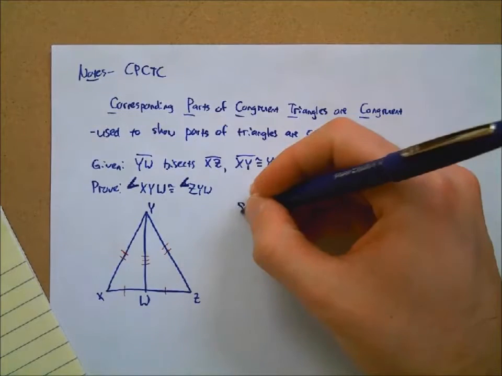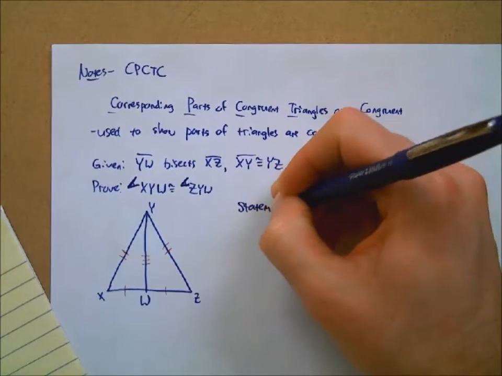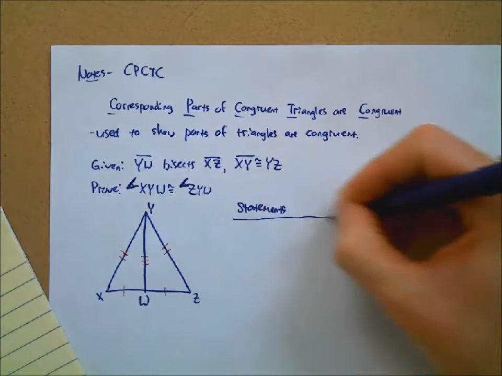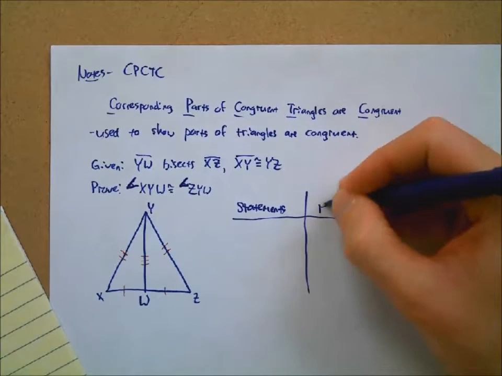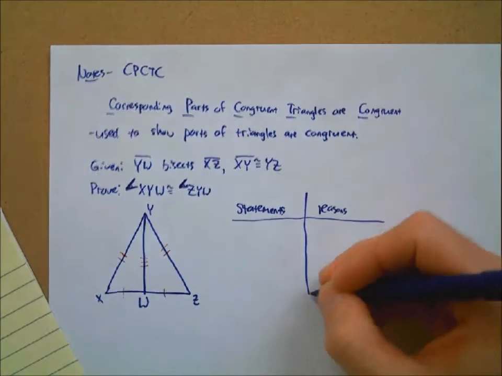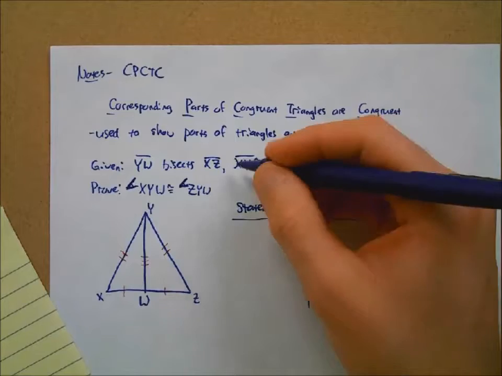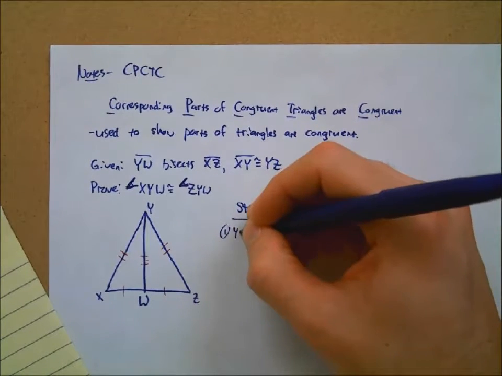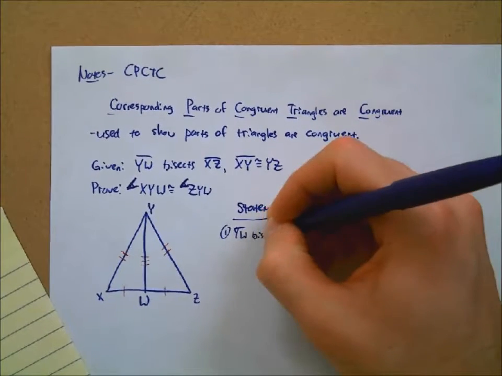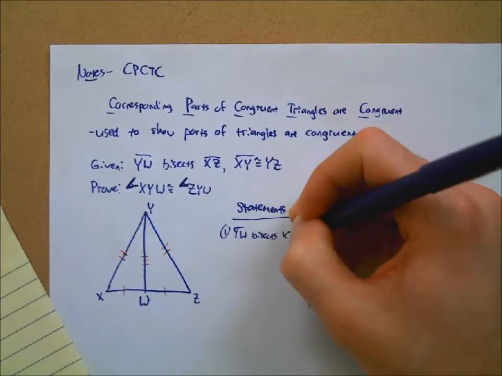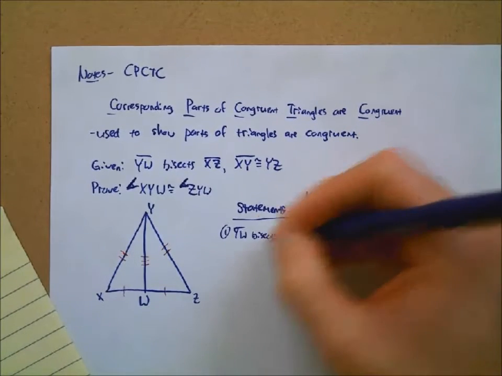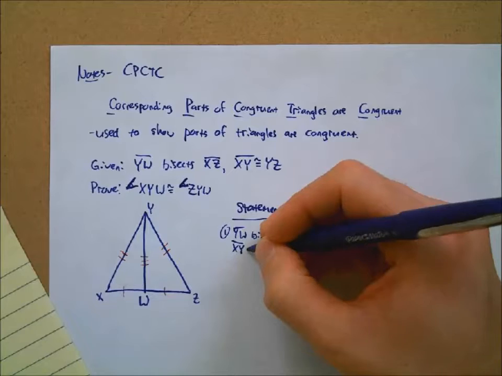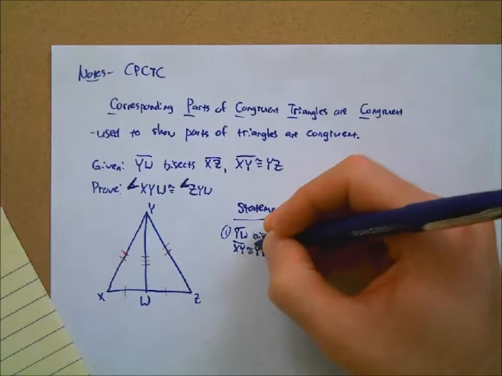Because you got 3 pairs of sides congruent. Okay? So we'll go through our typical proof, right? Pretty straightforward here. You start with the given information. So I'll just go ahead and do that. YW bisects XZ. XY is congruent to YZ. Given.